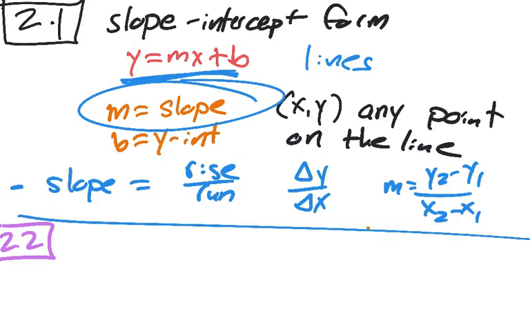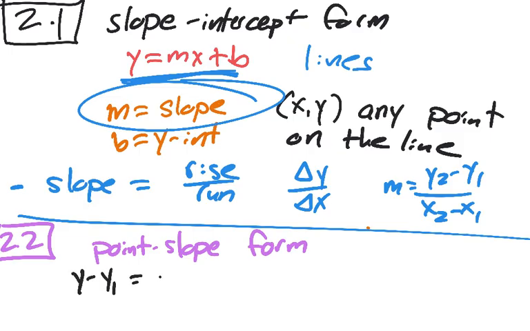It was about a different form. What does point slope form look like? So we need to get to learning that one, right? Seems like we don't remember that one.